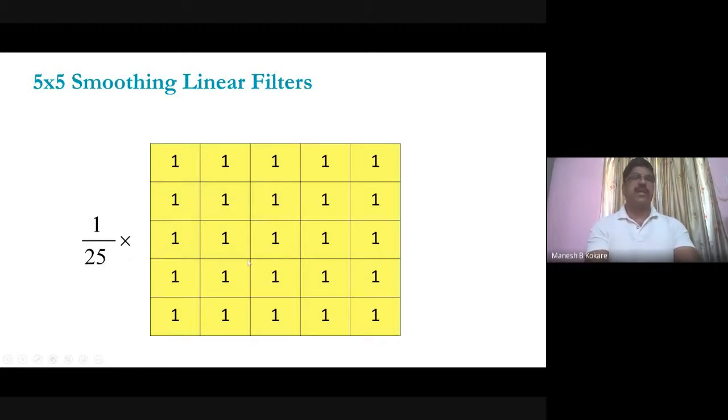The center of the mask will be placed on the pixel under consideration, and the remaining neighboring pixels will be considered for calculating the final filter value of that pixel after doing the filtering.